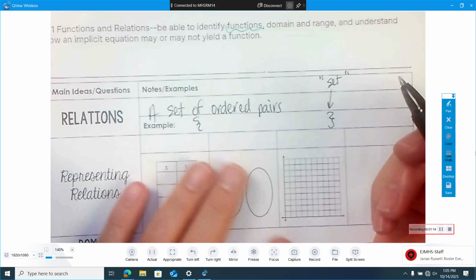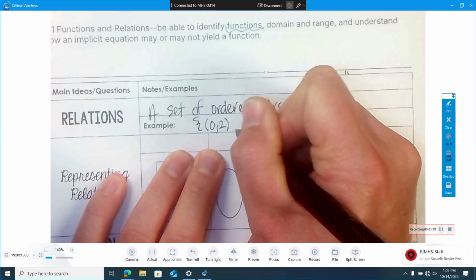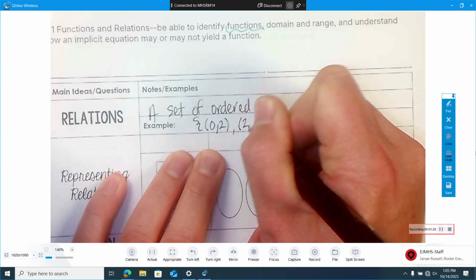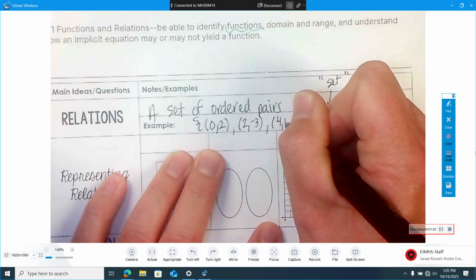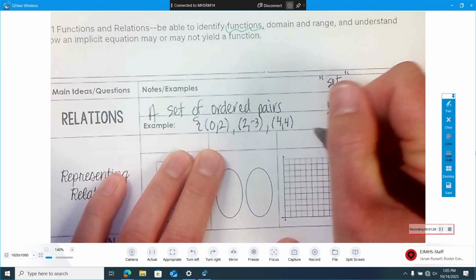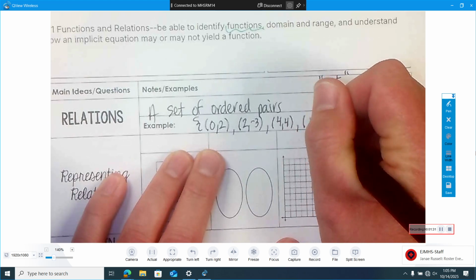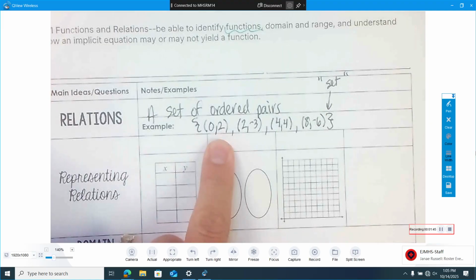And so we might have a relation of (0, 2), (2, -3) as an ordered pair, (4, 4), and (8, -6), for example. So just by the nature of presenting an ordered pair together, I am creating a relation. And that's all it is. I am relating two things to one another just by the nature of putting them together, okay?